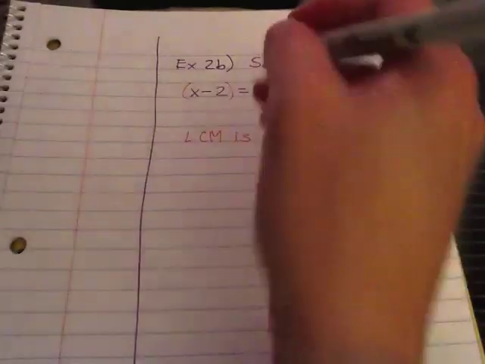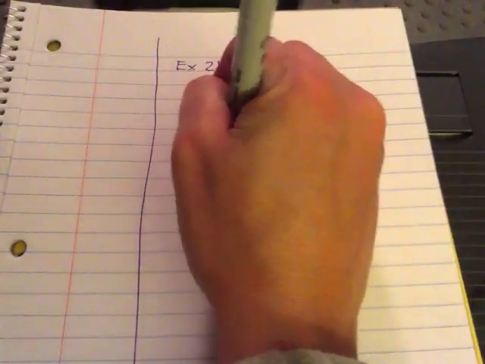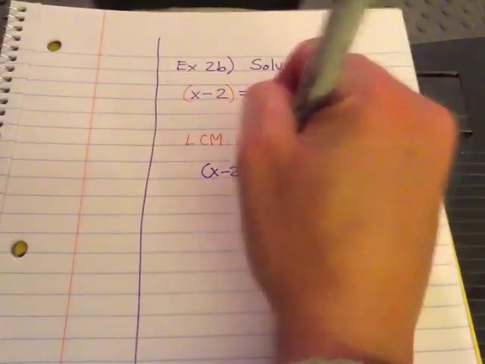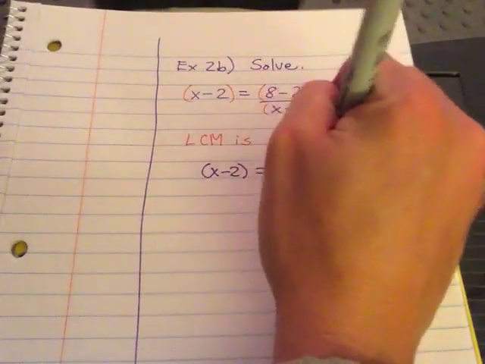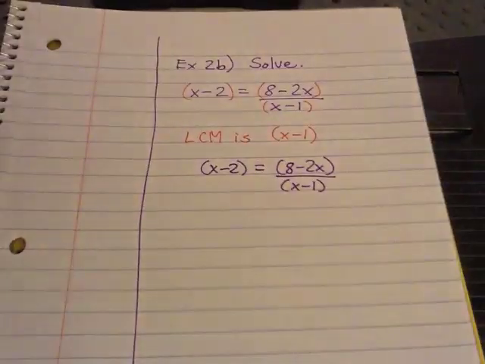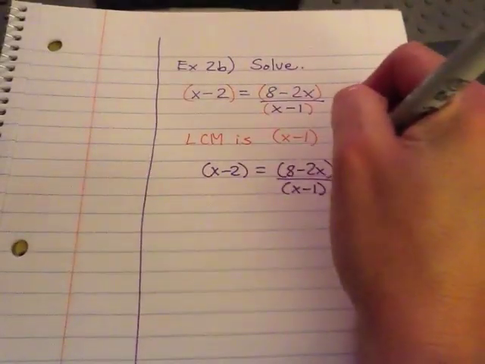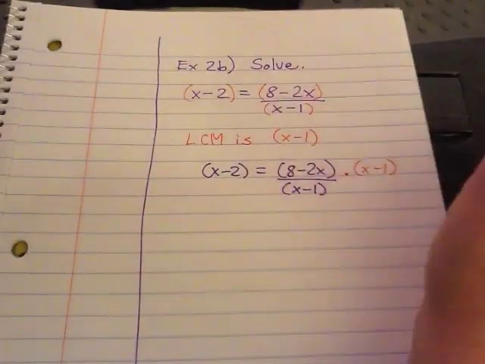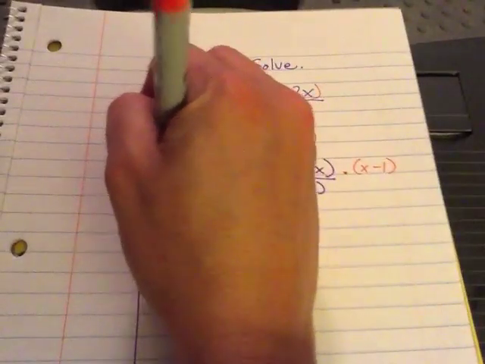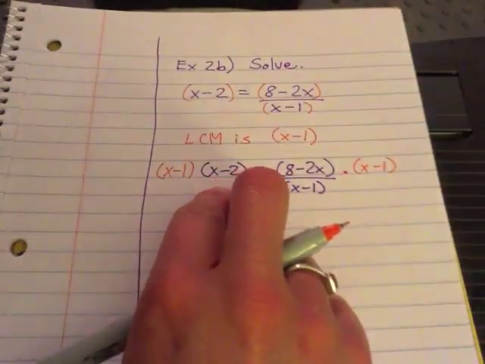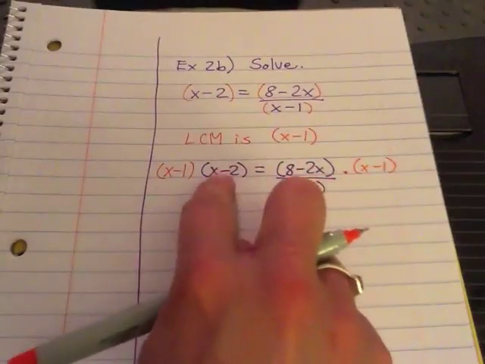So you're going to take that original equation that you had, x minus 2 equals 8 minus 2x over x minus 1. Notice I put parentheses around all my binomials. And you're going to multiply each term by x minus 1. So this side by x minus 1. And then over here I have a term in the sense that it's a binomial, but that's one piece together.